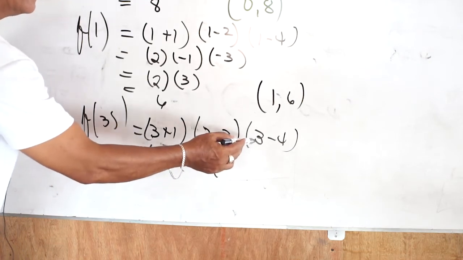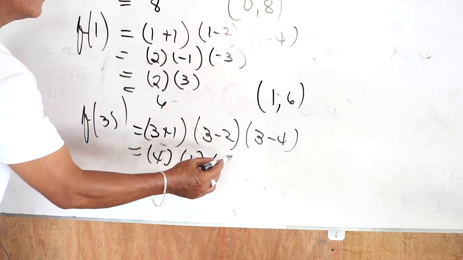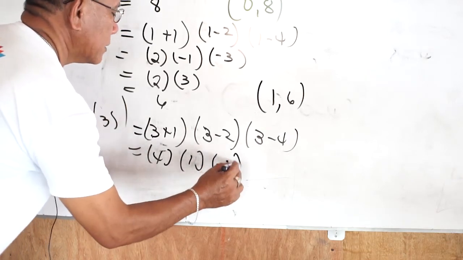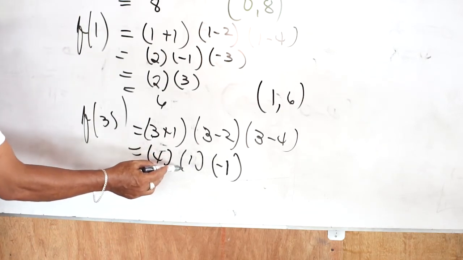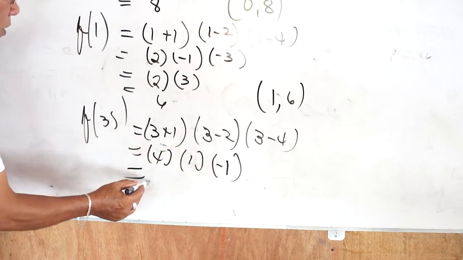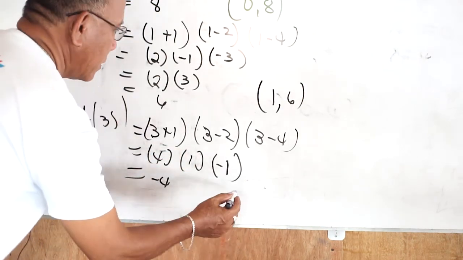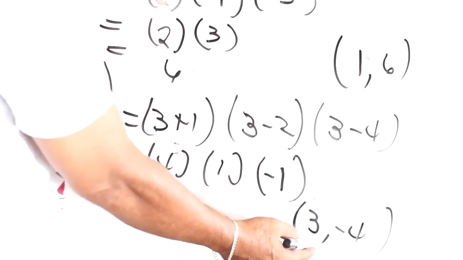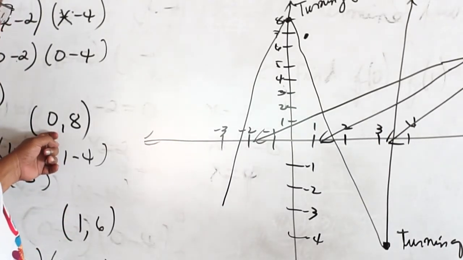Then negative 4 and positive 3, the result is negative 1. Then solve: 4 times 1 is 4, and 4 times negative 1 is negative 4. So the ordered pair is positive 3 and negative 4. Okay, so we have the coordinate points.